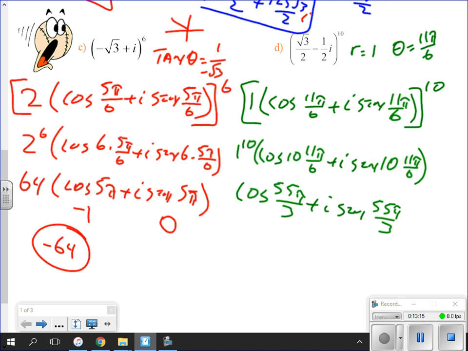Well, 6 pi over 3 goes around one full circle, right? So you subtract 6 from 55 until you get a number less than 6. And you end up getting an equivalent, and I forgot, it doesn't really matter, but you get the cosine as 1/2 and the sine is √3 over 2.